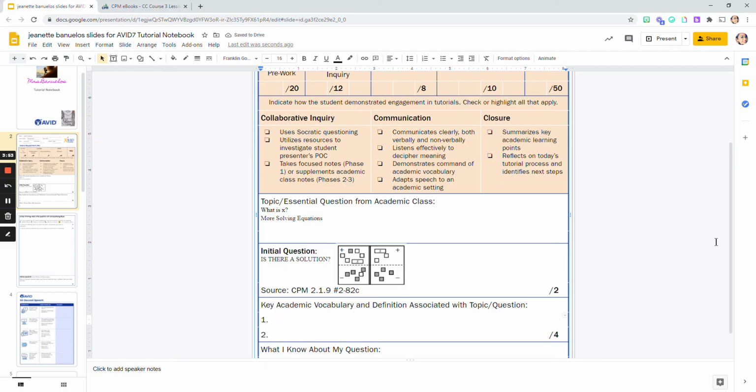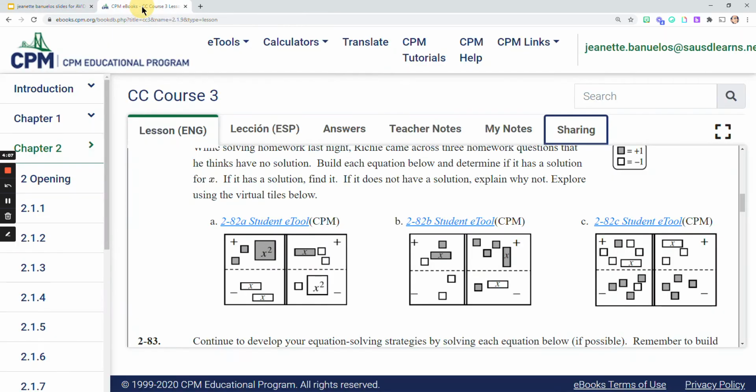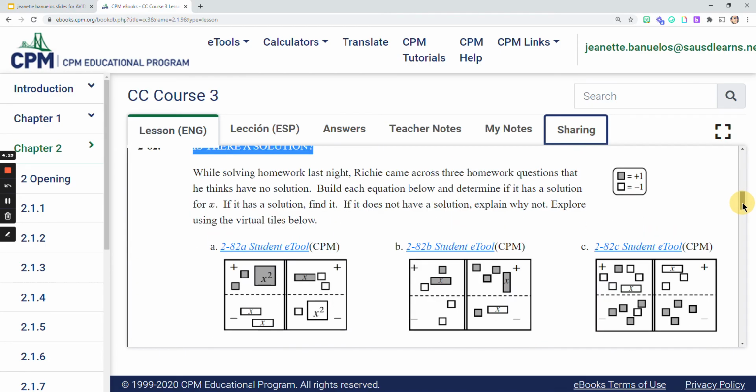All right, we are now ready for the next box of the TRF, and this is the key academic vocabulary. Basically, I need to figure out what vocab words I need to know in order to help me answer this question. So I'm going to come back to my resource and think about some of the vocab words that we discussed in class.